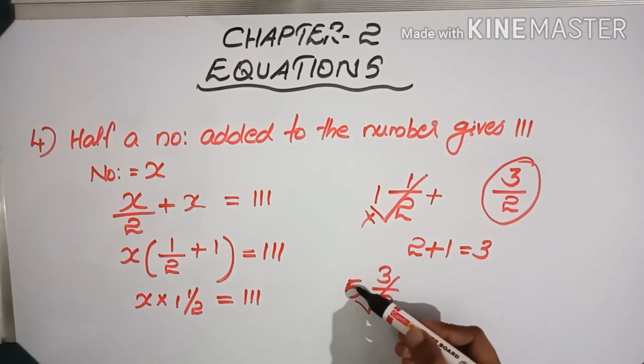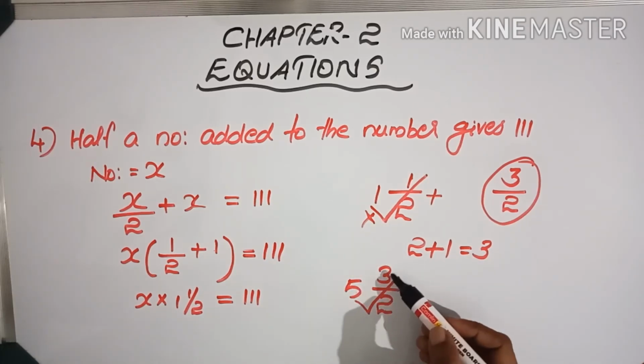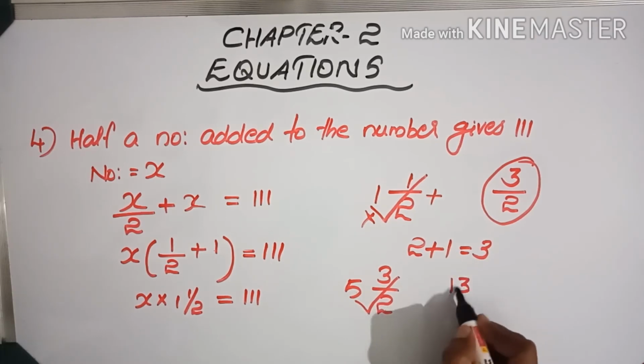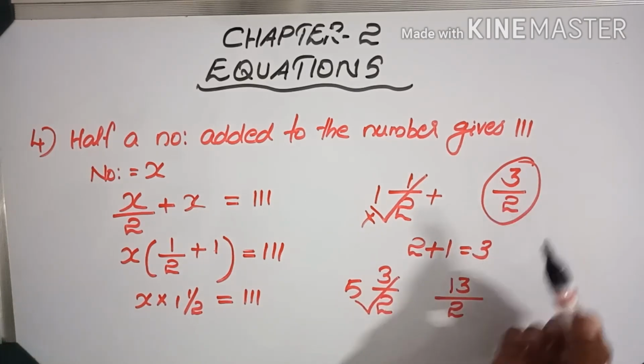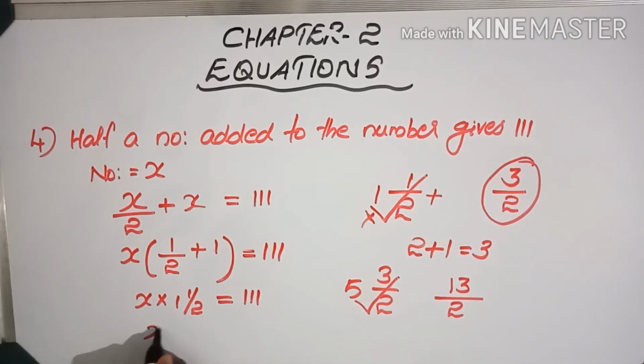Then we are adding, 10 plus 3 is 13. So 13 by denominator, here it is 2. So 13 by 2 is the answer. Like this we can simplify. So here 1 and 1/2 in simple form is 3 by 2. So here x into 3 by 2, the answer is 111.